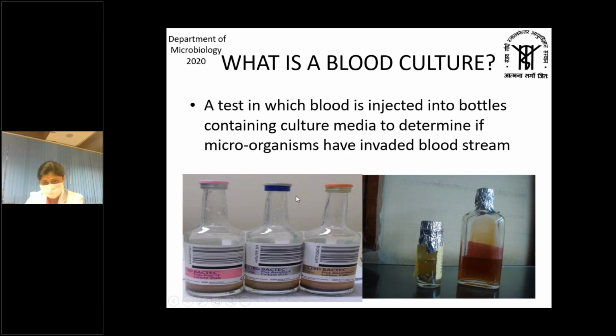We've got 3 color-coded bottles. One is the aerobic vial, the blue colored one. The orange colored one is the anaerobic vial, and most of you do not know that there is a third vial available, the pediatric vial, which has a pink cap. So there's a Peds Plus vial also.